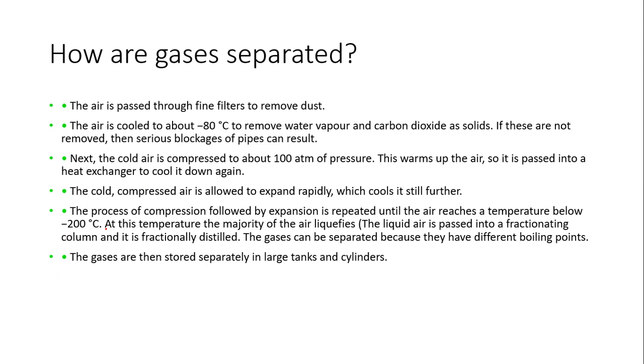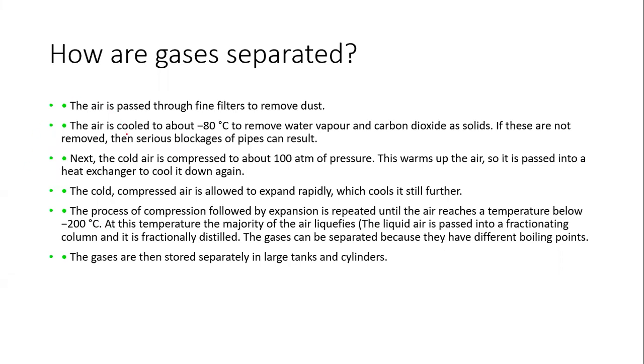At minus 200, all or the majority of the components of air have turned into liquid. Then you transfer them into a fractionating column and do fractional distillation, separating the different gases based on their boiling points. By using this method, you get nitrogen.